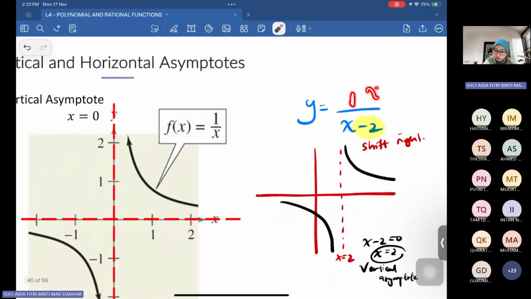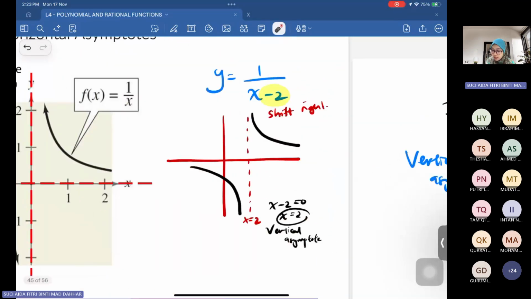This is 1, without the x, independent of x, so it's x to the power of 0, and the leading power in the bottom is x power 1. So these are examples where the degree on the top is lesser than the degree in the bottom. You don't have to think, you know right away that the horizontal asymptote is on the x-axis. Is that clear? That's the first case.